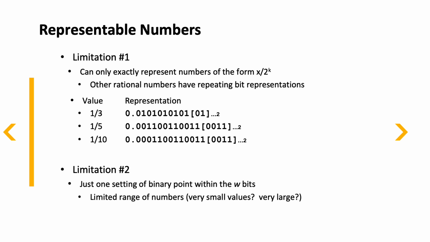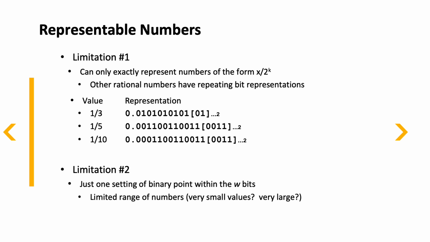We've seen this in decimal, when you talk about 2/3 and 1/3, same kind of thing. They have repeating bit patterns. That'll happen in binary too. 1/5 will be 0.001100110011, with the 0011 repeated. 1/10 will be 0.0001100110011, and eventually the 0011s repeat forever again. So that's one problem we have.